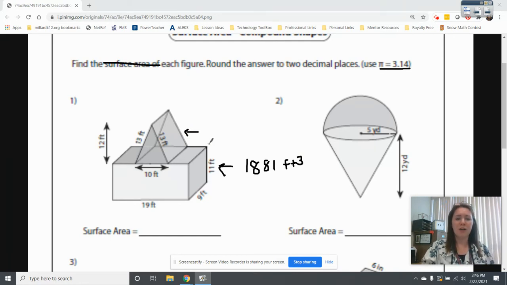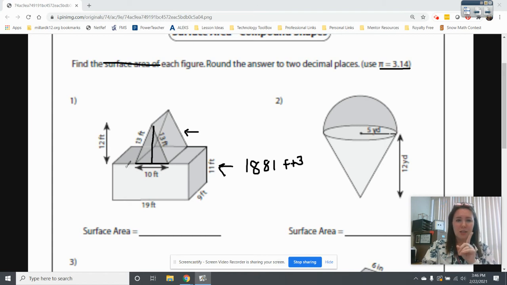Now I'm going to find the volume of this part. Be careful. I notice that they're including this 13 right here, which is great for surface area, not great for volume. So be careful when we find the area of the base. Remember, this is a triangular prism, so the base is a triangle. We find the area of this triangle, which is 10 times, the height goes straight up and down.